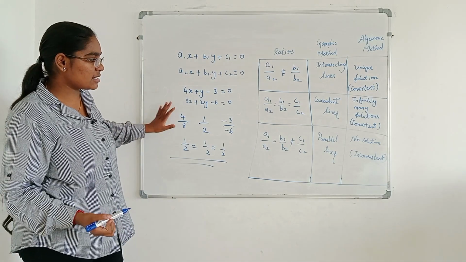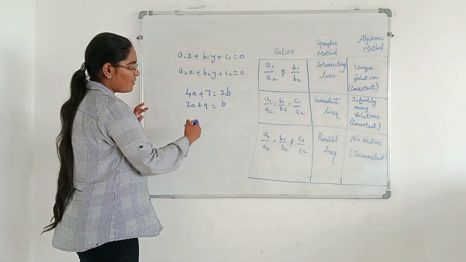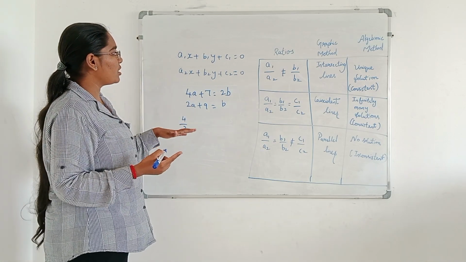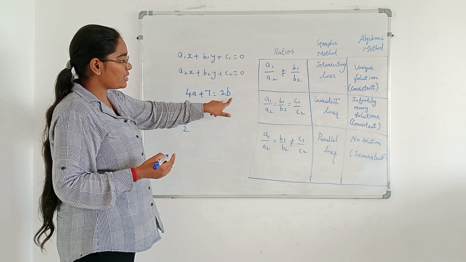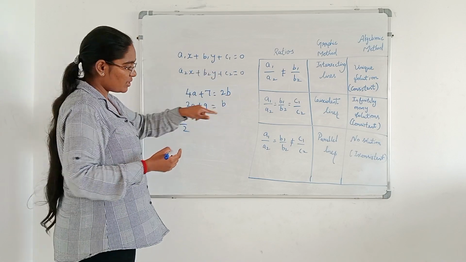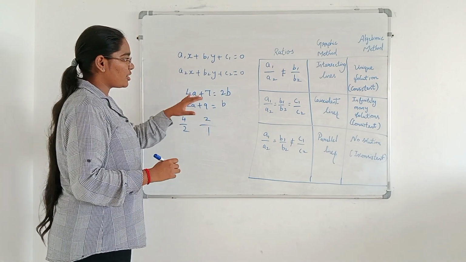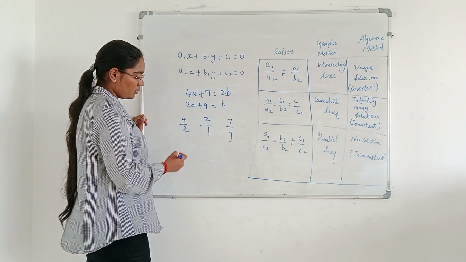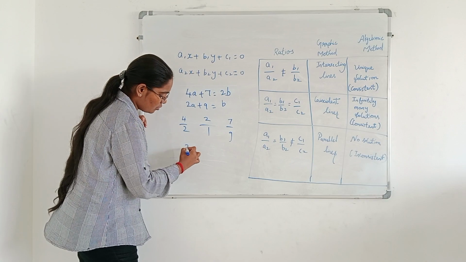Next, we can see another example. What is the value of a1 and a2? 4 by 2. What is the value of b1, b2? You should consider the coefficient of y. Here the coefficient of y is b. So 2, 1. Now, what are the constants? 7 by 9. While comparing, you can simplify this as 2 by 1.